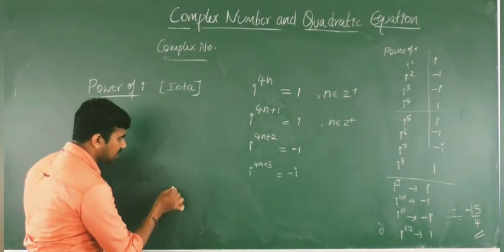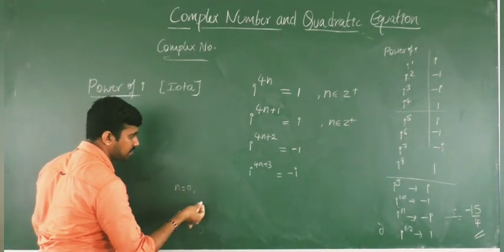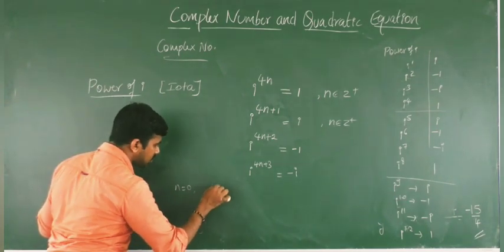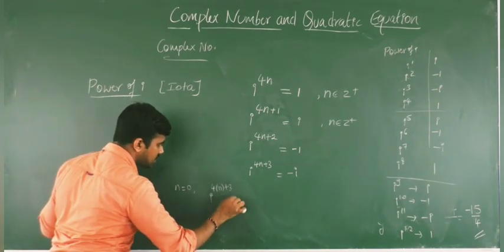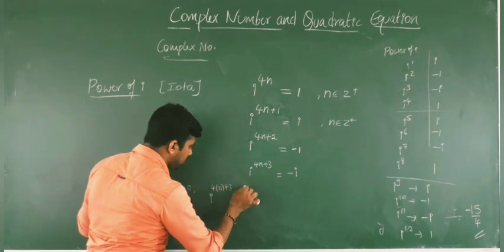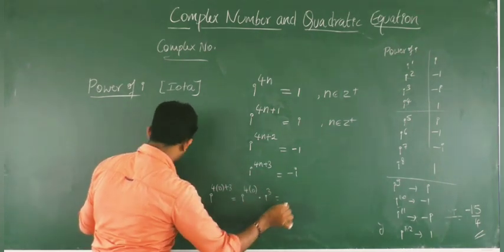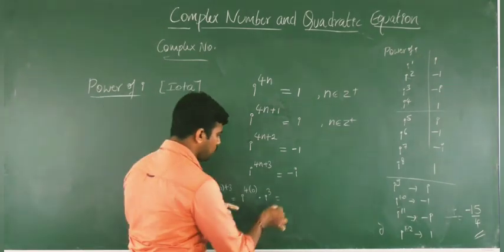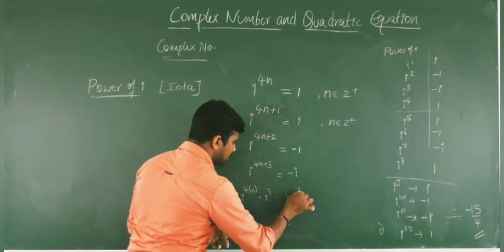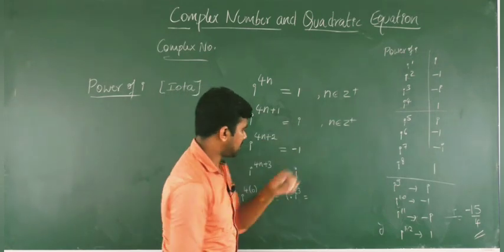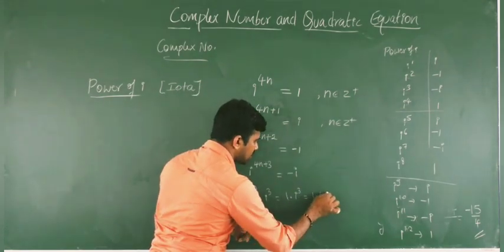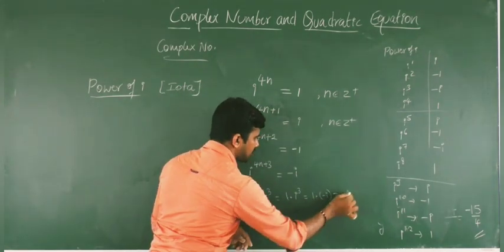For an example, take n equal to 0. i to the power 4 into 0 plus 3 is i to the power 4 into 0 times i to the power 3. But i to the power 4 into 0 is 1, and i to the power 3 is minus i. So 1 into minus i is equal to minus i.